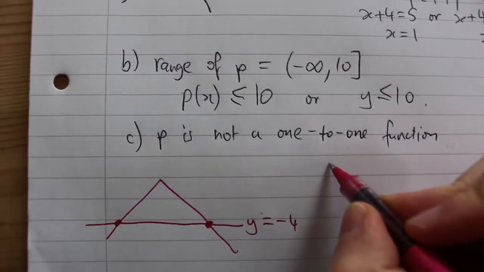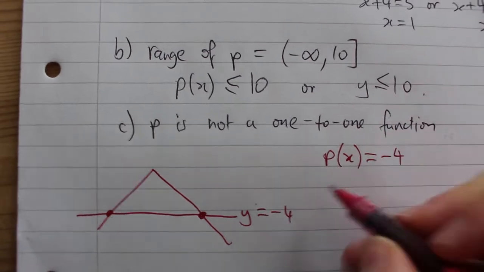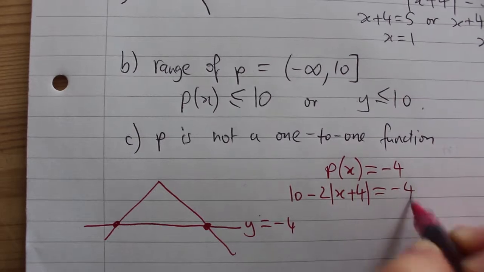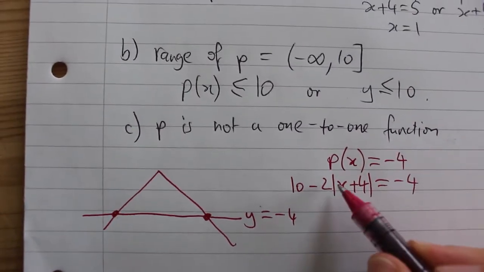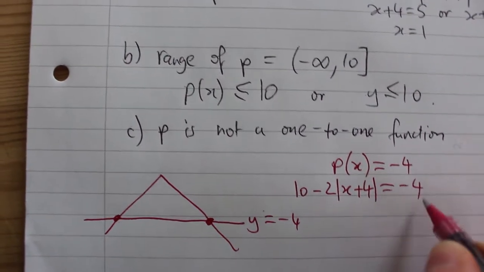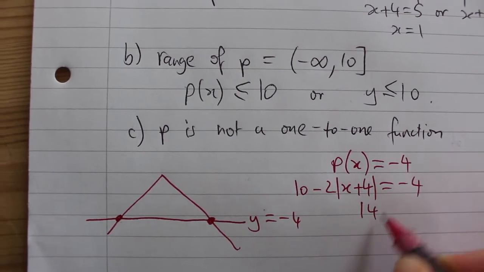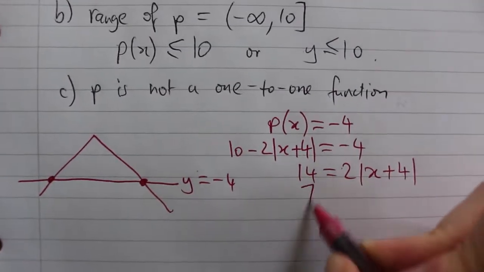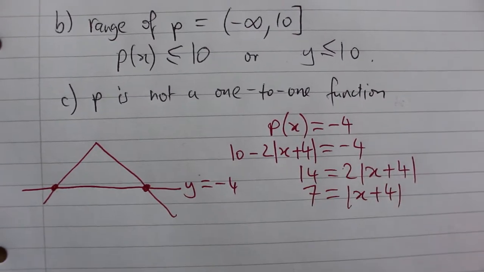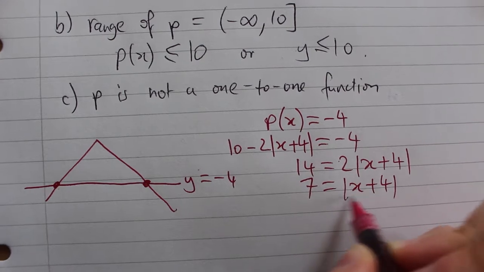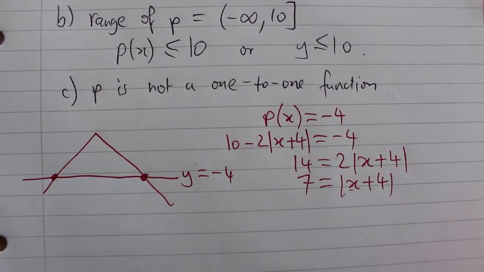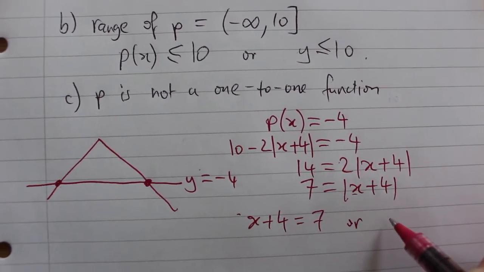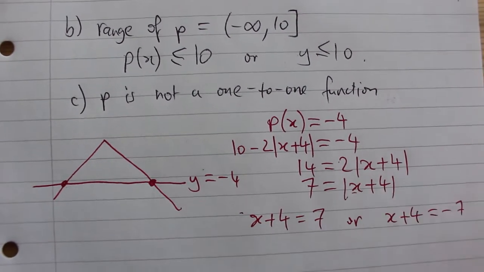So we need to solve p of x equals minus 4. So that's 10 minus 2 times the modulus of x plus 4 equals minus 4. If we move the modulus term to the other side and move the minus 4 to this side, we get 14 is 2 times the modulus of x plus 4. So 7 is the modulus of x plus 4. And then the two ways that the modulus of x plus 4 could be 7 is if x plus 4 is 7 or x plus 4 is minus 7.